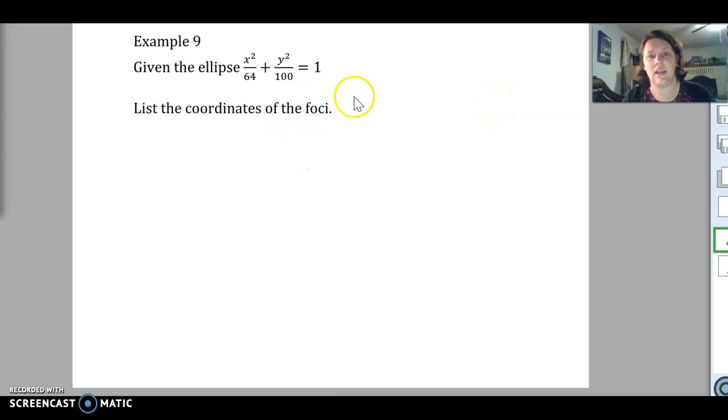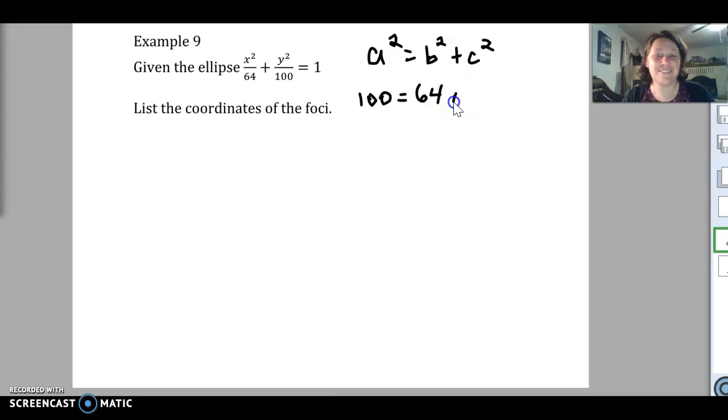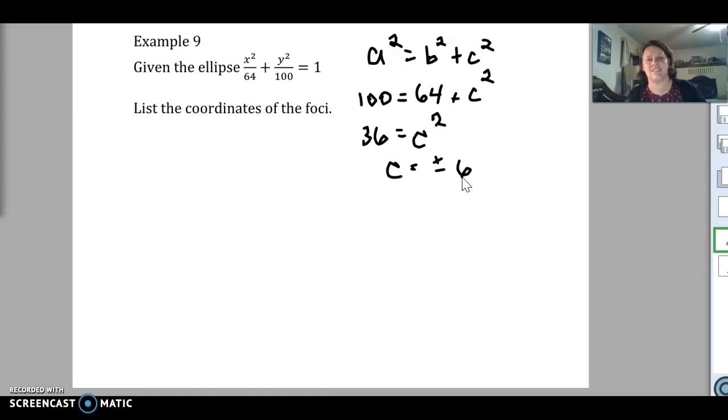And so we're going to have our equation a squared equals b squared plus c squared. A squared in this case is our biggest number, which is 100, equals 64 plus c squared. So subtract 64 from both sides. That's going to be 36. And so 36 equals c squared, which gives you a value of c equals plus or minus 6.